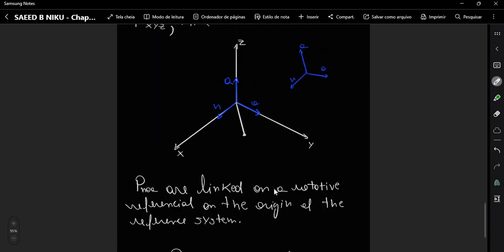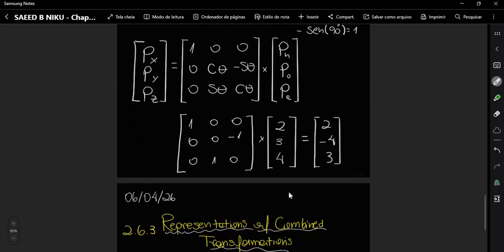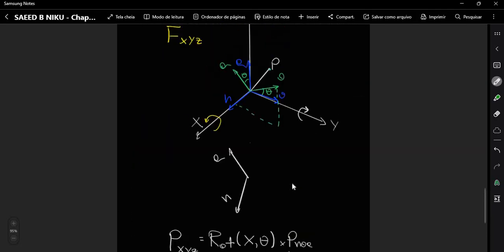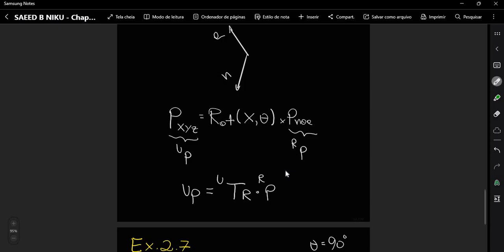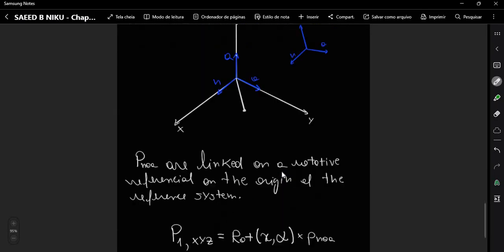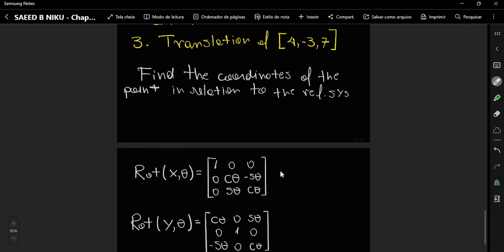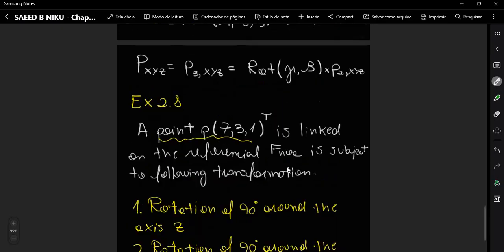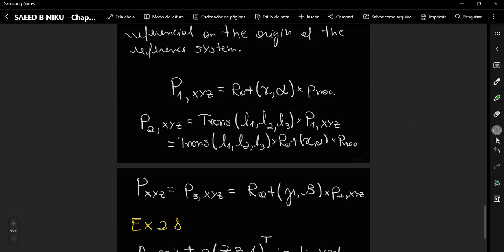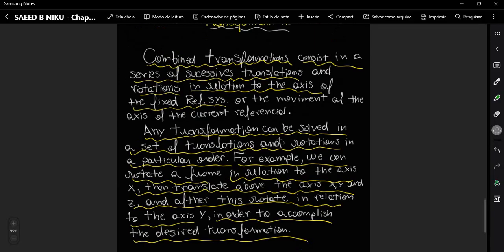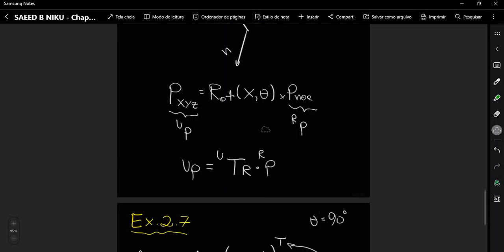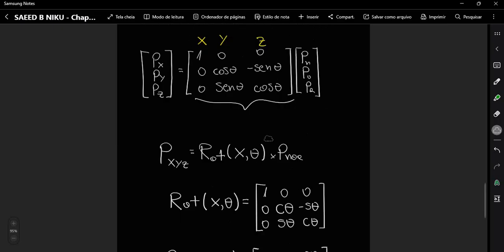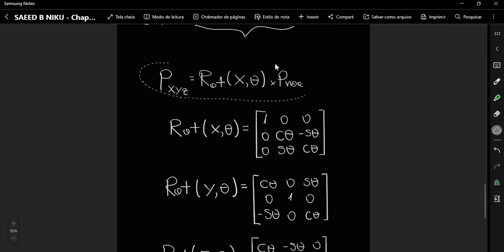Okay, so let's apply this notation. Let me copy this notation, right here.